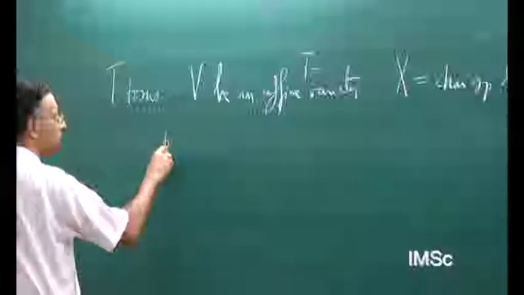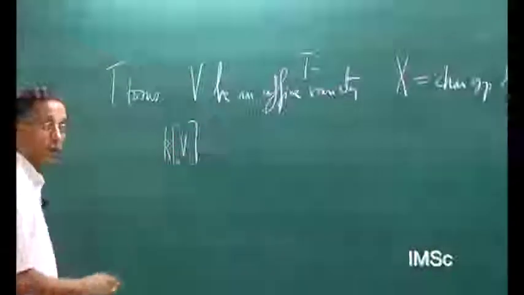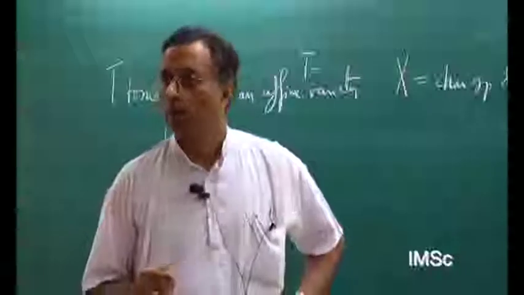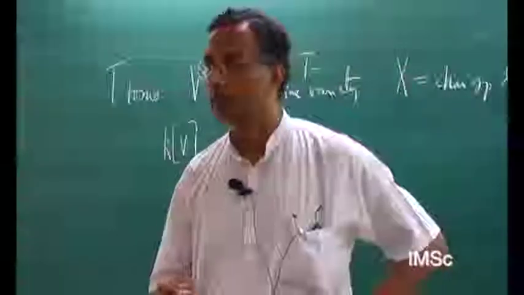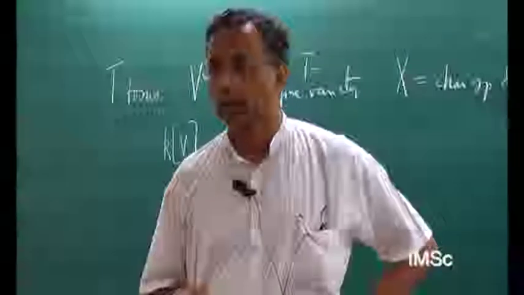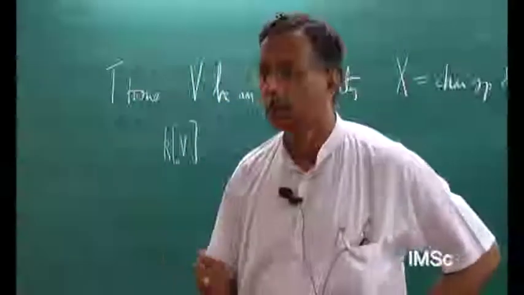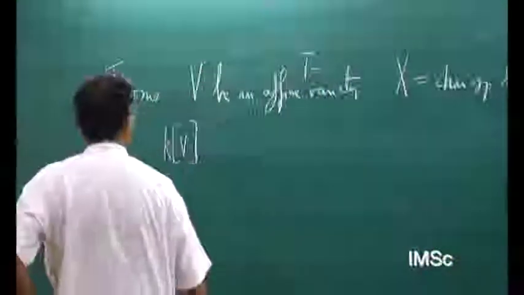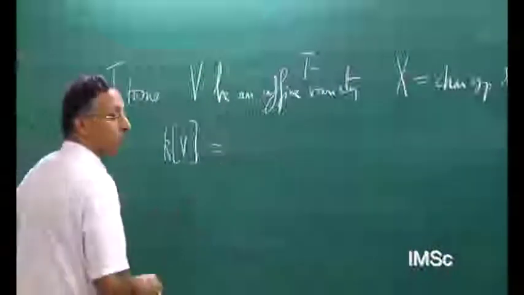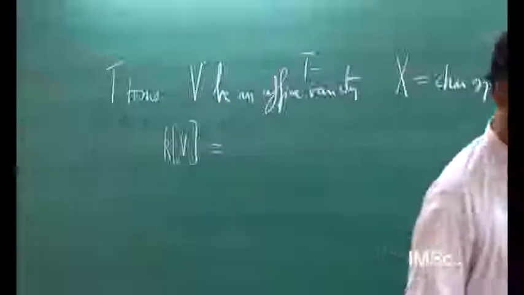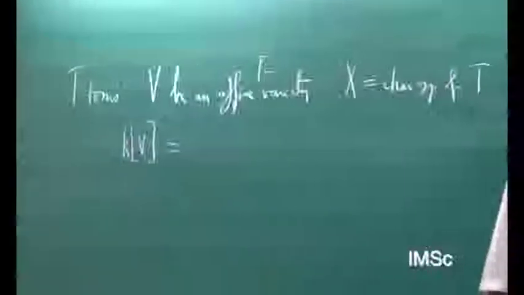Then, what do we mean by k[V]? Of course, this is the ring of functions. This is a locally finite rational representation of T. Every finite dimensional representation splits as a sum of one dimensional representations.